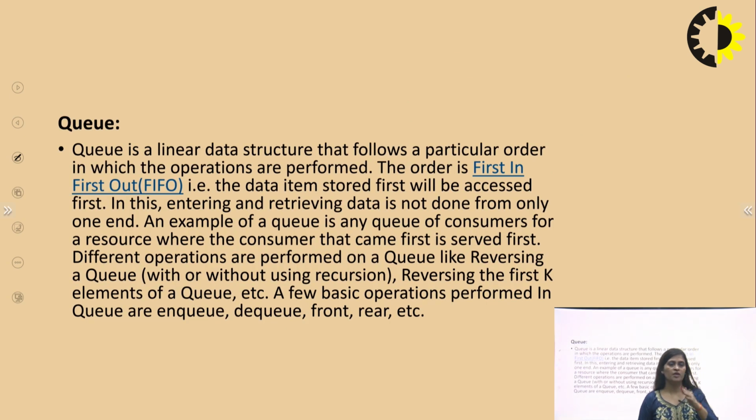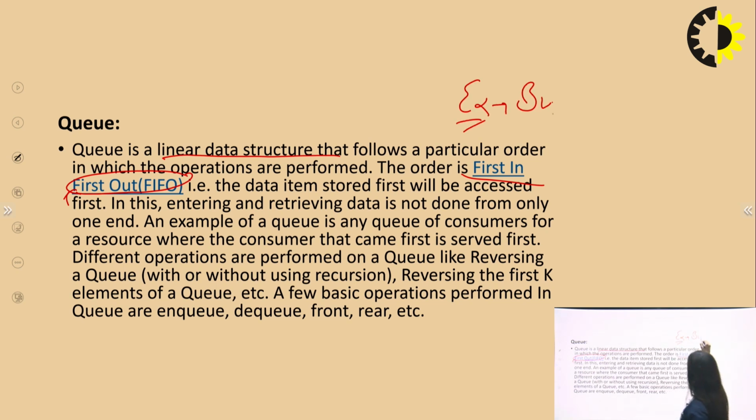Queue. It is also a linear data structure. But the order of queue is first in, first out, first come, first served. Operations are performed on a linear data structure following FIFO, first in, first out. Example: a bus stand.